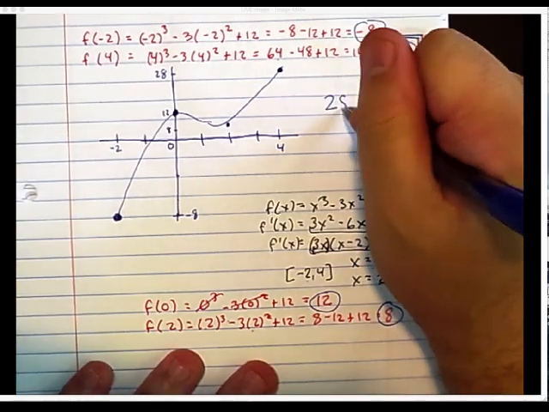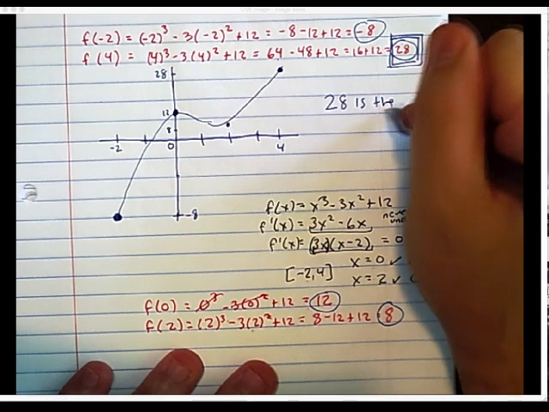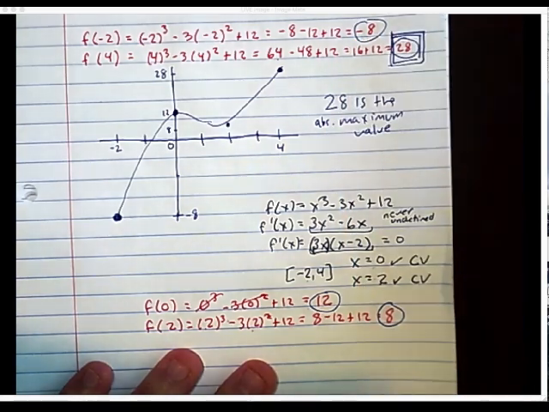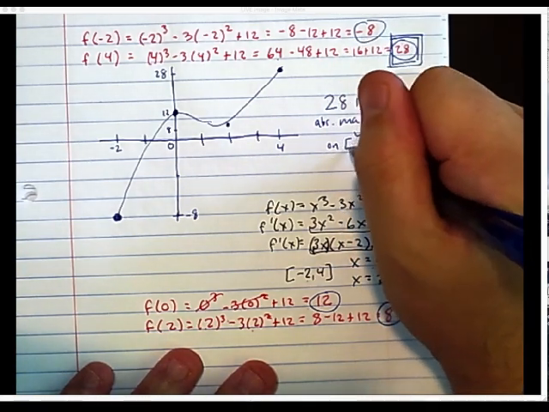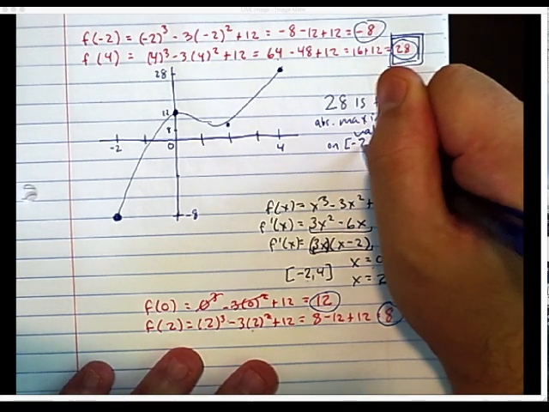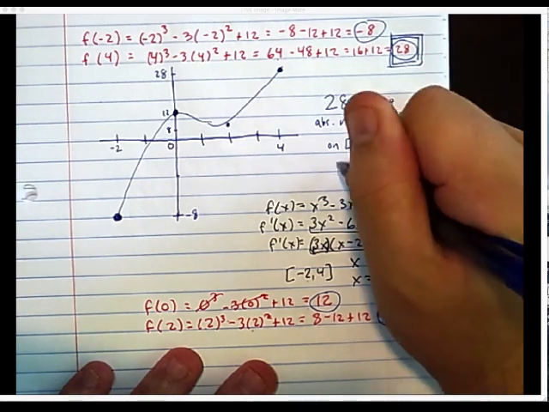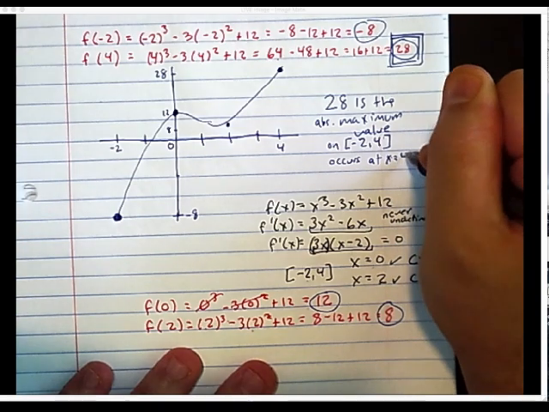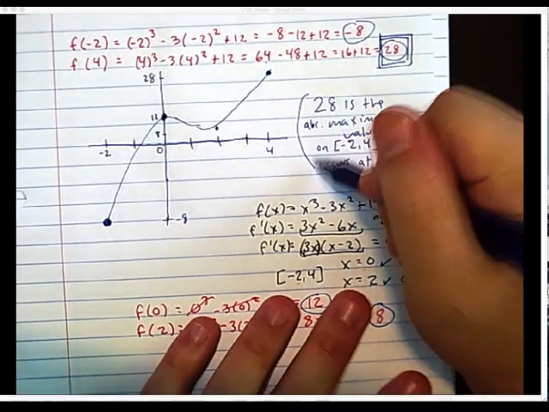So 28 is the maximum value. Is the absolute maximum value on the interval -2 to 4. And it occurs at x equals 4. This one happens to be on the endpoint.